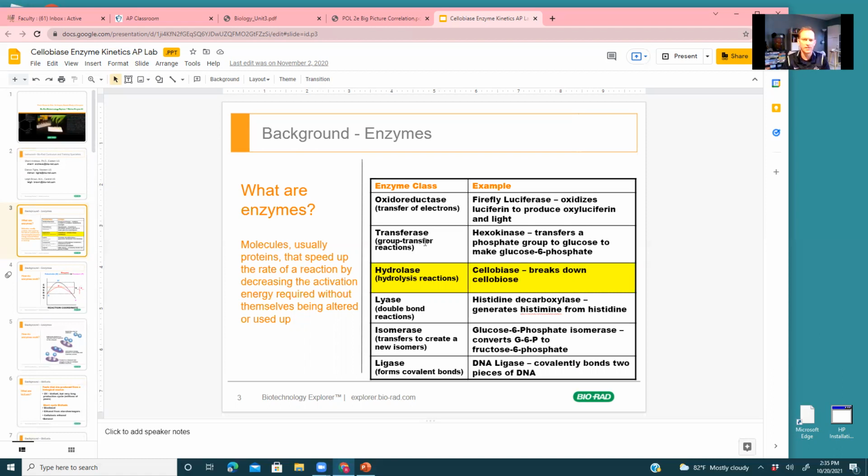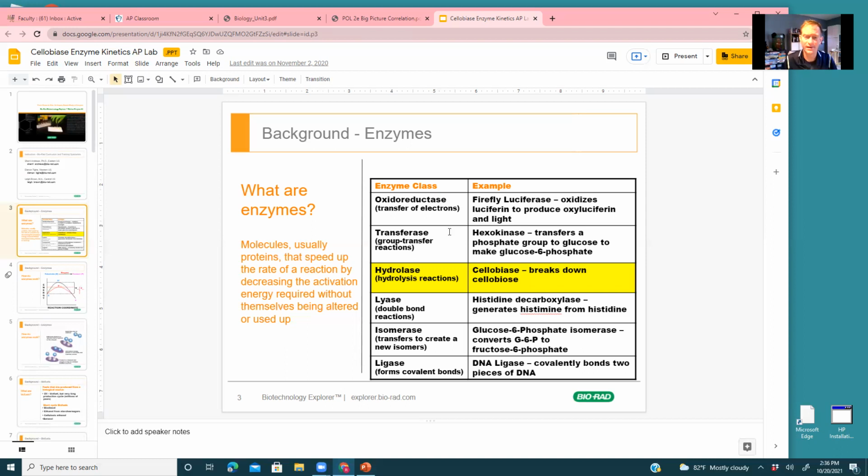So oxidoreductase is going to do oxidation, the adding and taking away of electrons. Then we have transferases, which transfer specific functional groups to something else. Hydrolases, hydrolytic reactions or hydrolysis. Hopefully you guys remember condensation and hydrolysis.